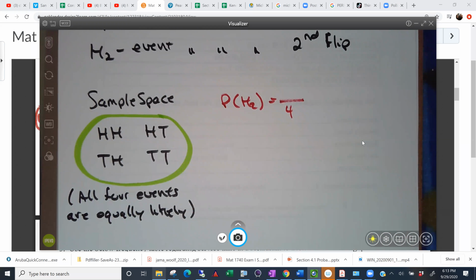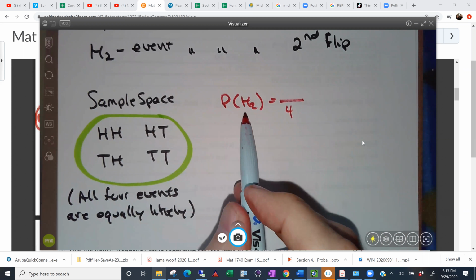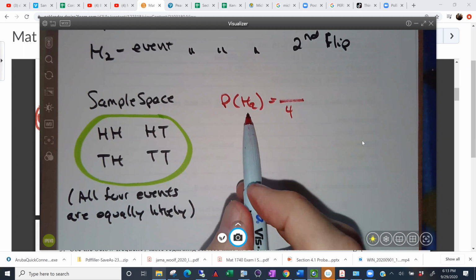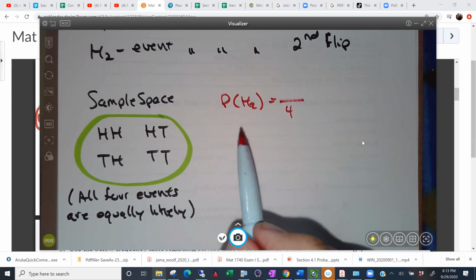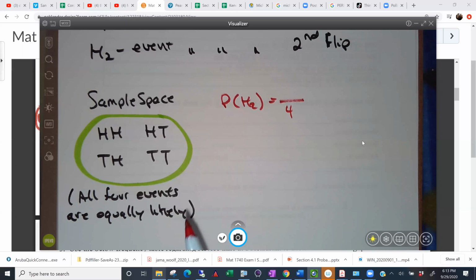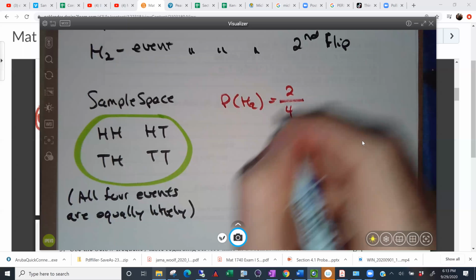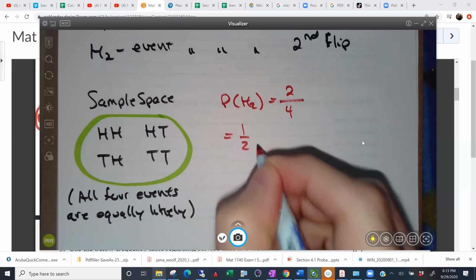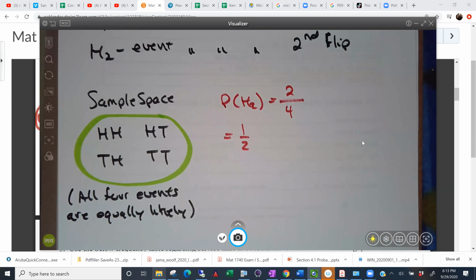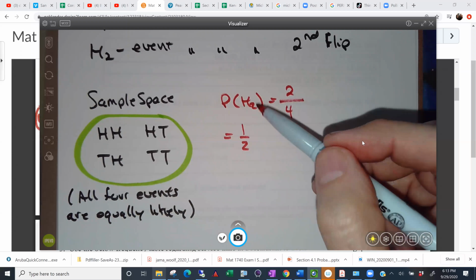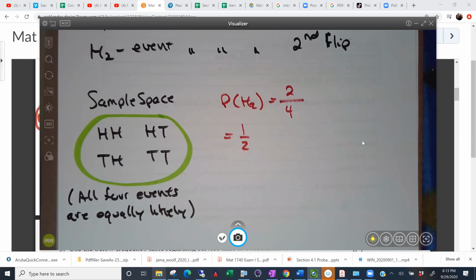That's the number of points in our sample space. There's 4 of them. But of those 4, how many represent a heads on the second flip? 2. Thank you. And that reduces this down to 1/2. There's a 50% chance that you'll get a head on the second flip.